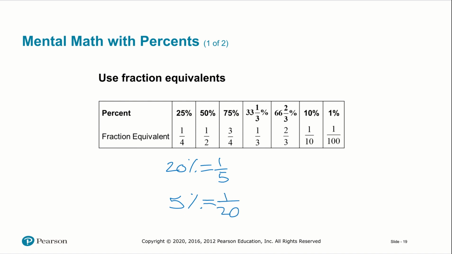So these are good to know when you want to do quick mental computations as well. So again, 20/100, that's 1/5 if you reduce them. And 5/100, that's of course 1/20 if you reduce it. Okay, so that's where they come from.